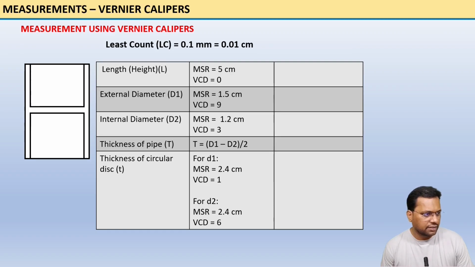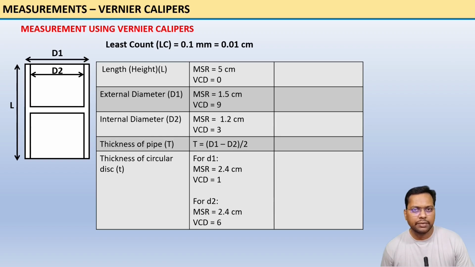We have taken the readings to find out the length, that is capital L, of the pipe, and the external diameter, that is D1, and then the internal diameter, that is D2, and also we found depth from both the sides of the pipe, that is d1 and d2. And here, after finding the diameters, we also find out the thickness of the pipe, that is (D1 minus D2) by 2.